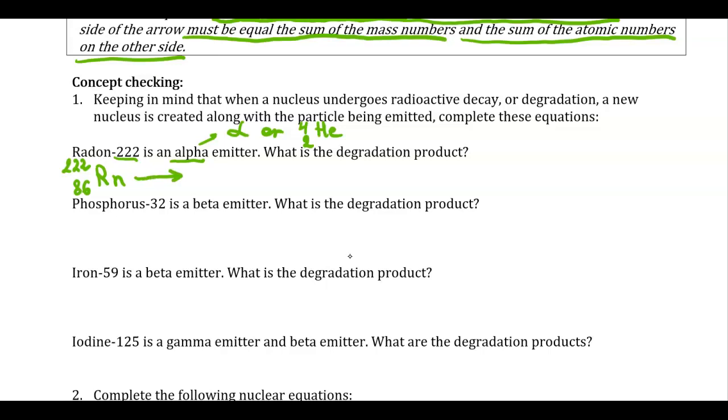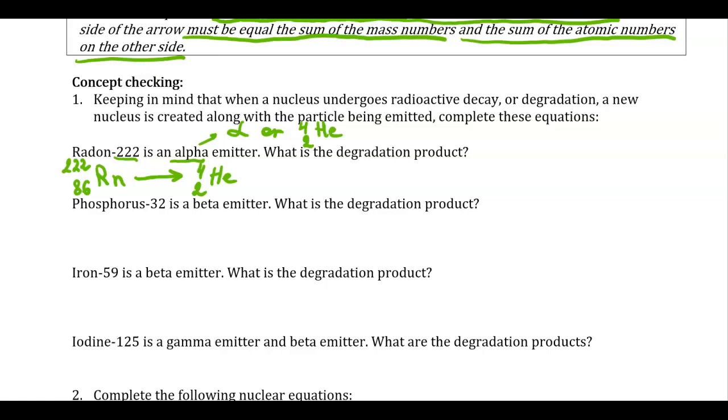Decay, alpha emitter. So alpha particle, helium nucleus, atomic number 2, mass number 4. And you know, the sum of the mass numbers and the sum of the atomic numbers on one side of the arrow, that means here to the left, must be equal to the sum of the mass numbers and the sum of the atomic numbers on the other side.